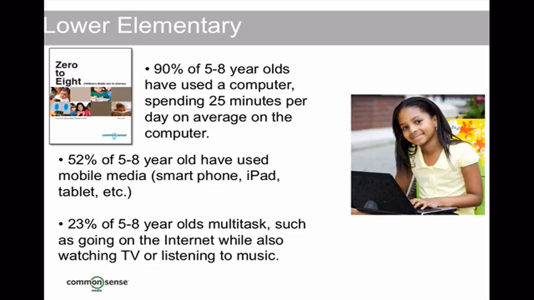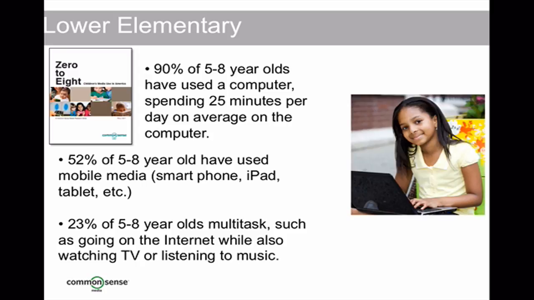Let's talk about a couple of statistics for lower and upper elementary kids and how they're using media and technology. We did a report called Zero to Eight, looking at younger children and media, and we found that 90% of 5 to 8-year-olds have used a computer, spending an average of 25 minutes per day on the computer. We know that at younger and younger ages, kids are getting online, on the computer, or by a smartphone or an iPad, as the next statistic shows that 52% of these children have used mobile media.